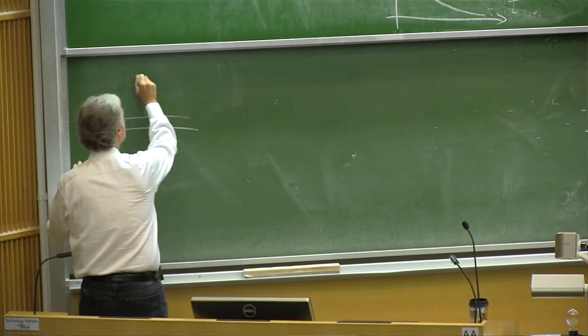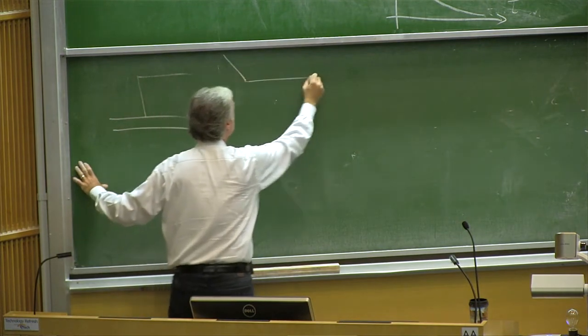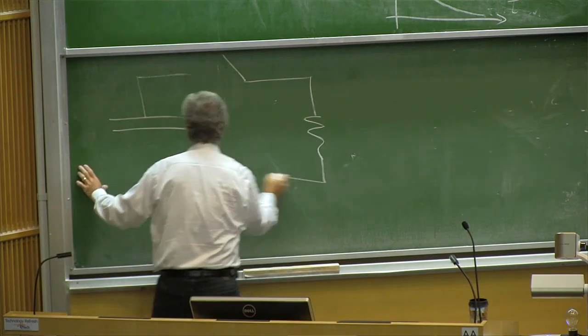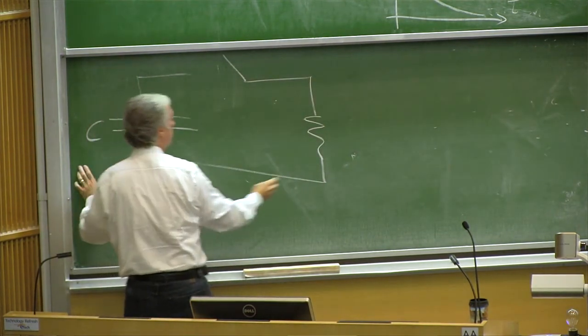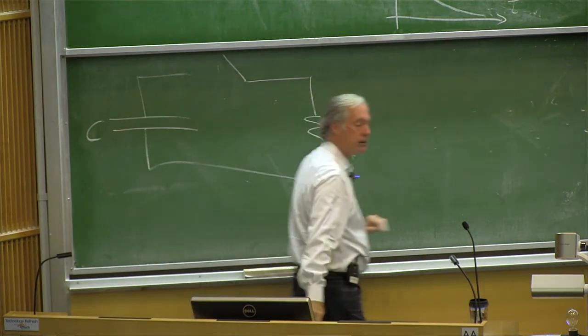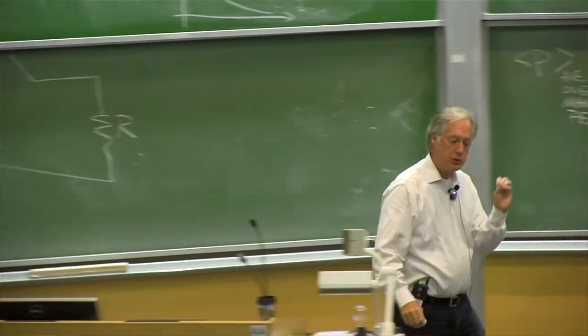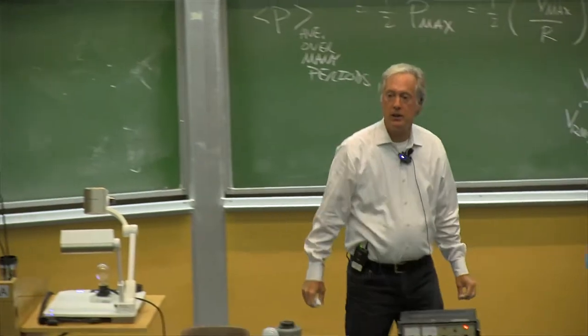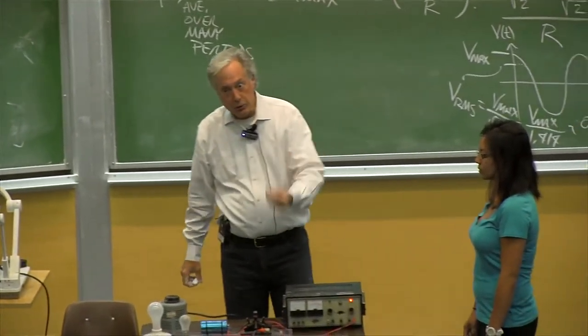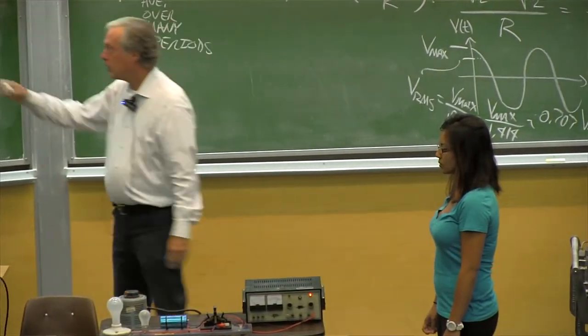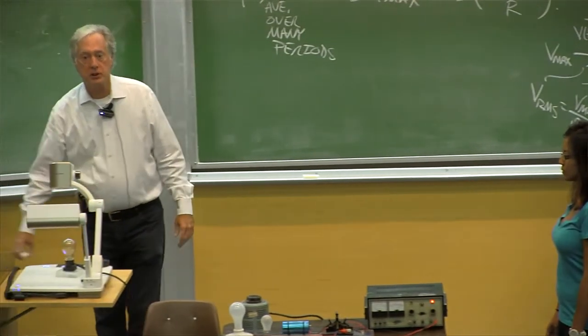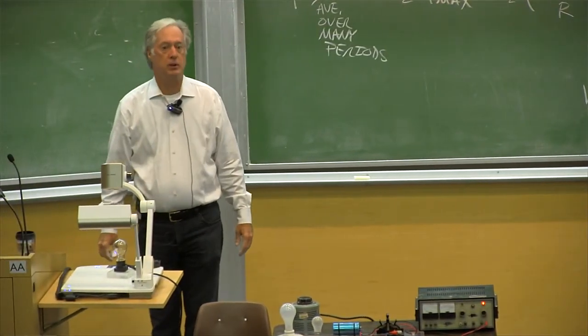Here's our capacitor. Now our switch is going to go, instead, to this circuit. We've got a C and an R. Capacitors store charge. Resistors dissipate the energy.